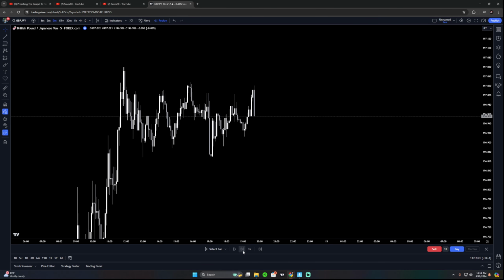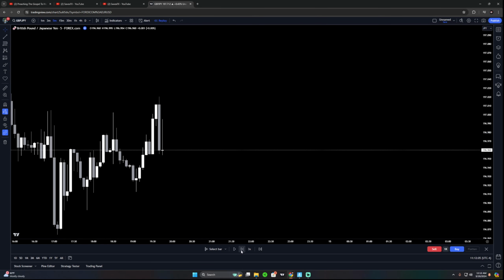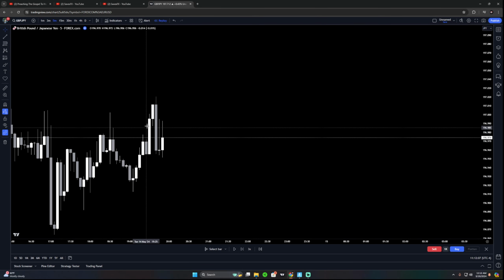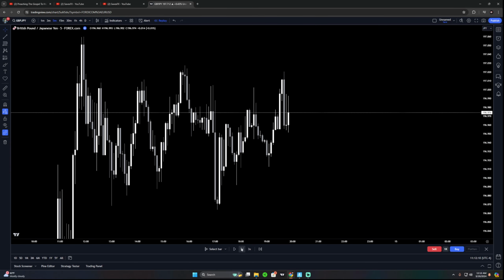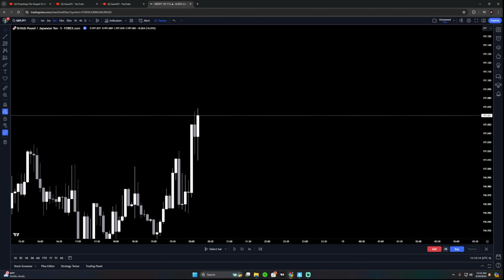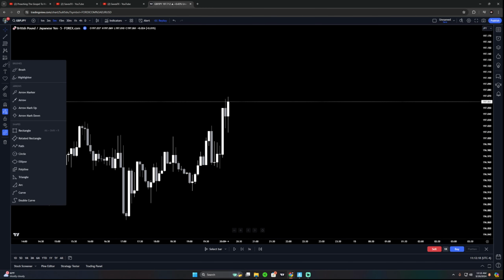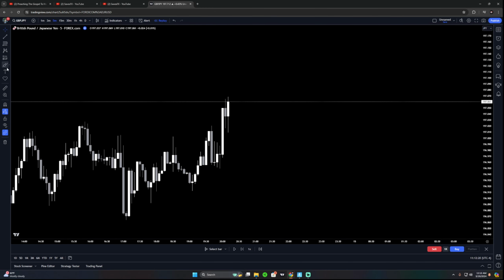See, this fair value gap gets closed below, so it's canceled out. So that's no longer a fair value gap. We see a fair value gap right here. So we go on 1x, simplest terms.